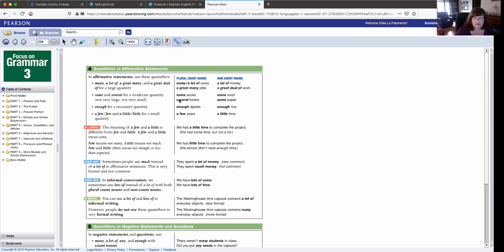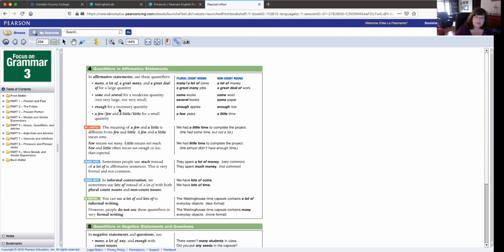We can use some for both non-count and count: some socks or some wool, some books, some milk. But the word several can only be used for a count noun: several books. We cannot use several for a non-count noun, but we can still use some: some wool, some paper.